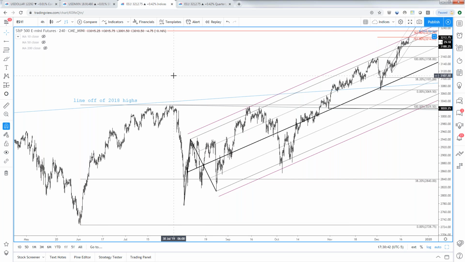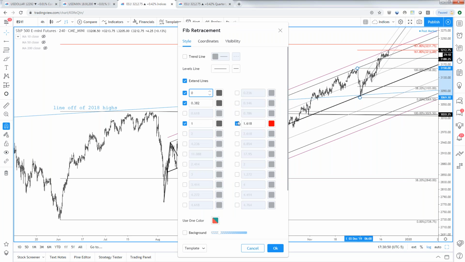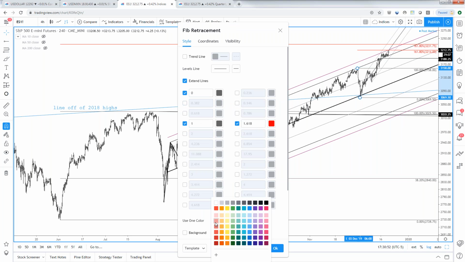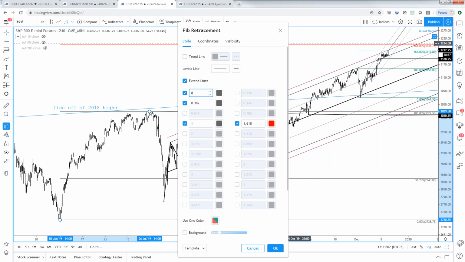So that next one, if we go a 1618, we'll put this in some weird color here. That in green, we'll make Christmas colors.